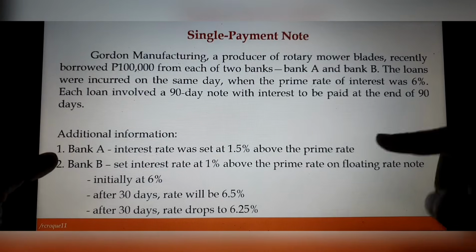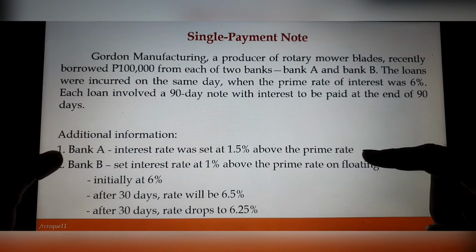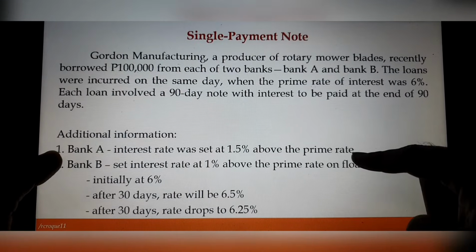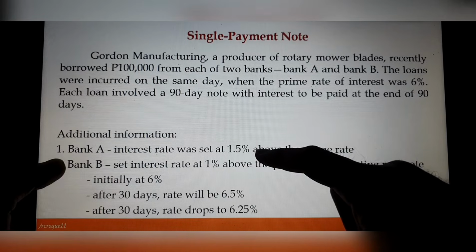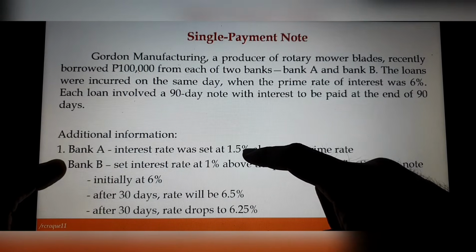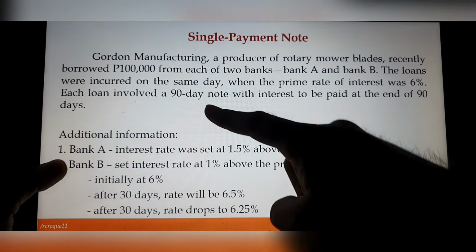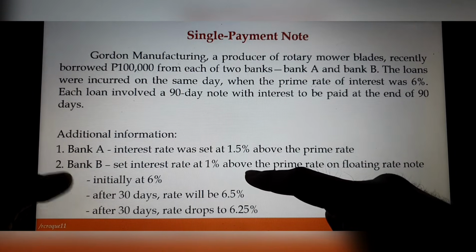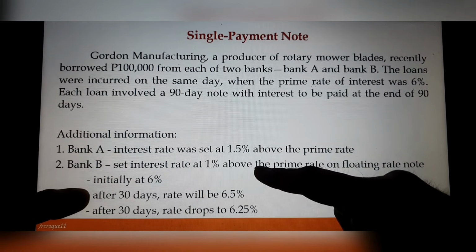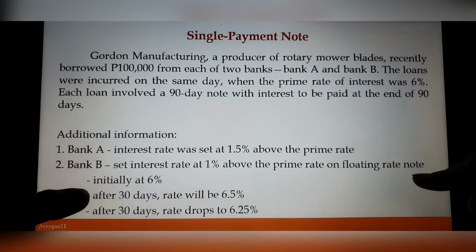Pero please take note of this. Number 1, for Bank A, interest rate was set at 1.5% above the prime rate. Ibig sabihin, fixed rate loan po tayo kay Bank A. 1.5% for the entire 90 days na period. For Bank B, the interest rate was set at 1% above the prime rate on a floating rate note.